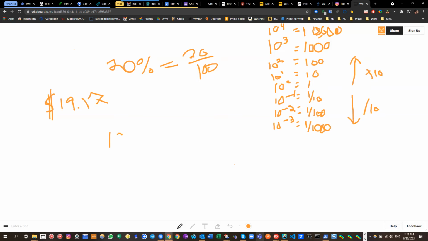So 20% of 19.17 equals 20 over 100 times 19.17.